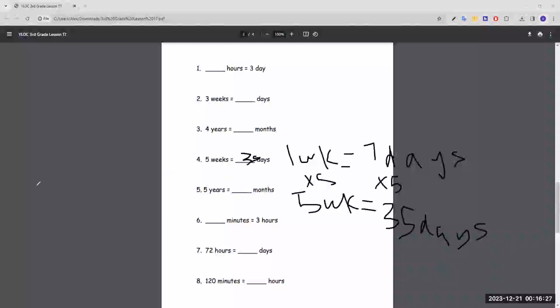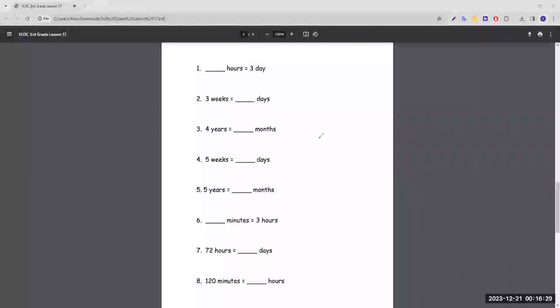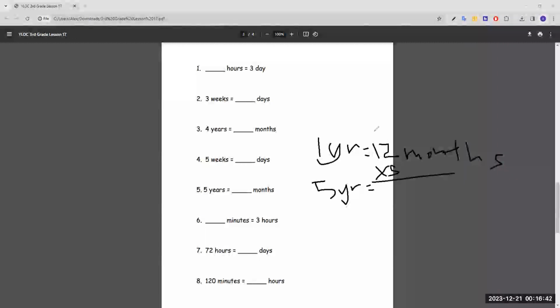Now, number 5, 5 years equals blank months. 1 year, 12 months. We need to find 5 years. So we would multiply 12 by 5. 5 times 2 is 10, and 5 times 1 plus 1 is 6. So 5 years equals 60 months.